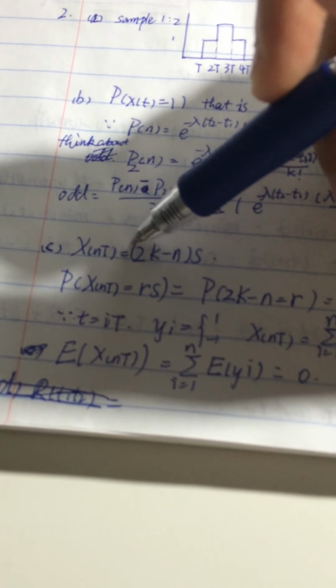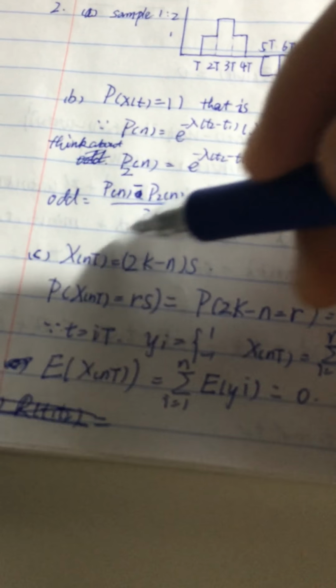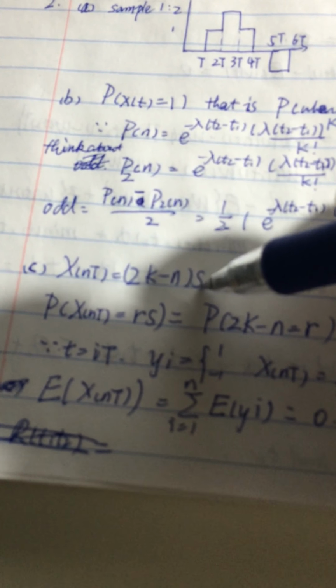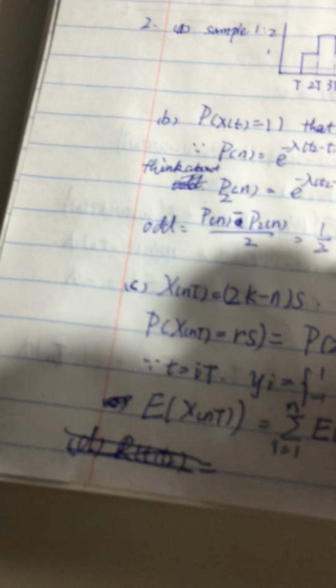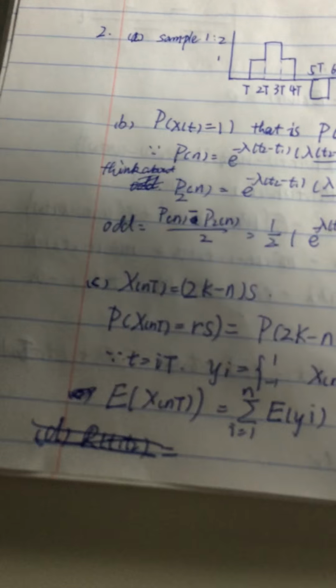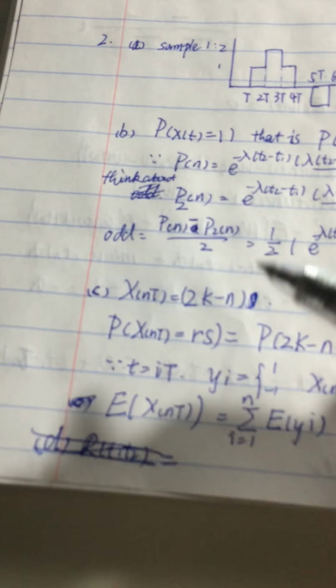Here s should actually be 1. I prefer to use 1 because Xt equals 1 if n is odd. So here k means the number of odds, and n means the total number.